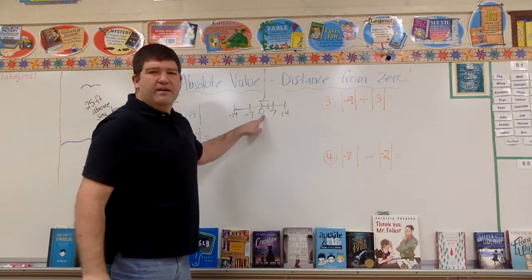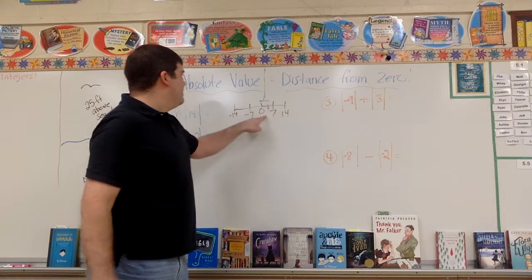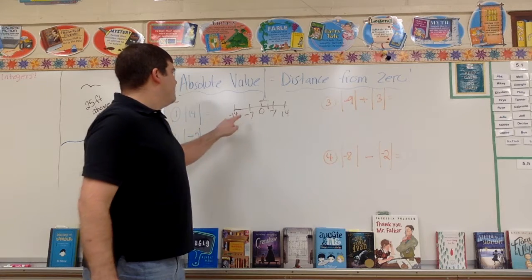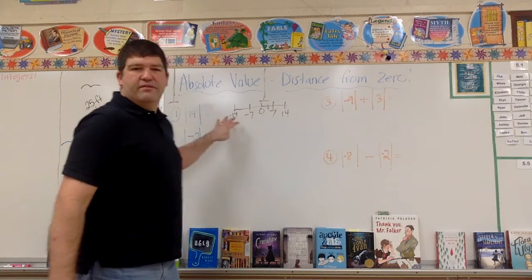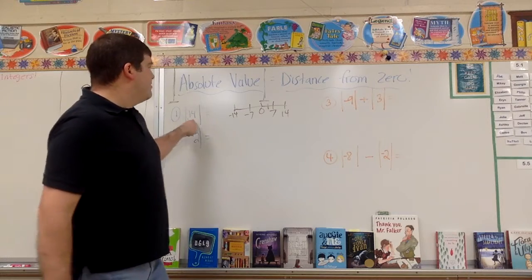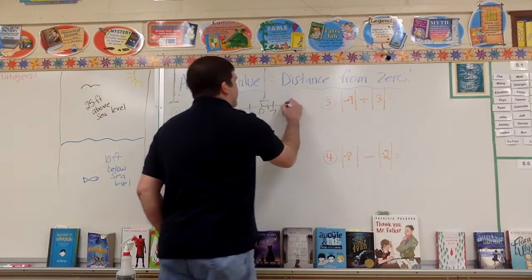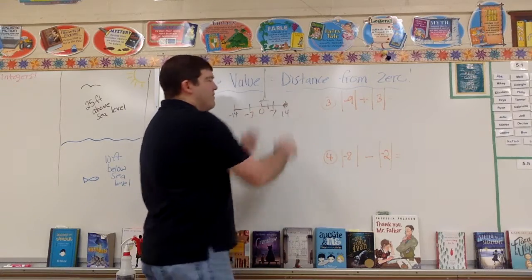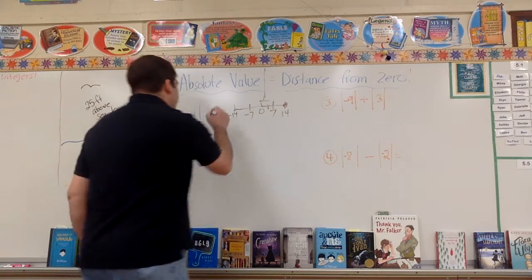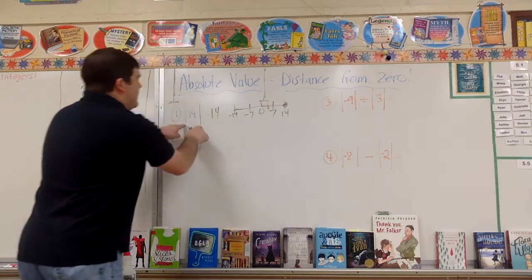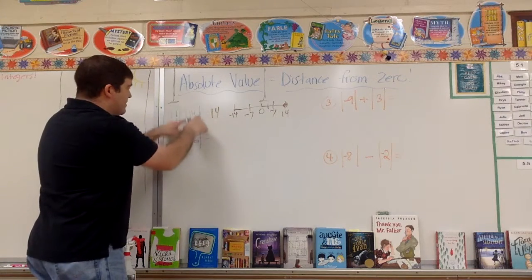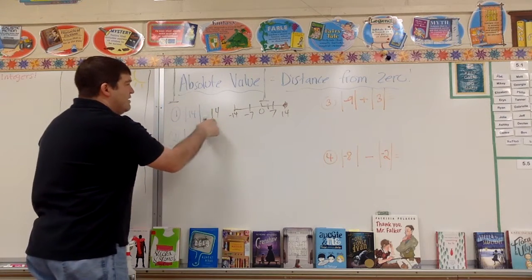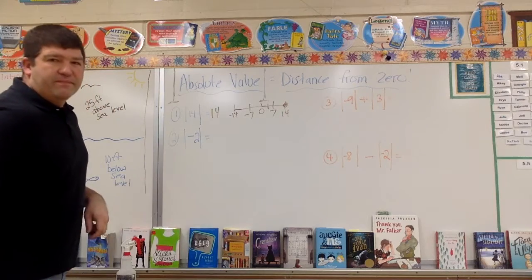I have 0 here, then I have 7, 14, then negative 7, negative 14. I want the absolute value of 14. Distance from 0. How much is it from here to here? Well, it's 14. So these 2 long lines tell you the absolute value of 14 is 14.